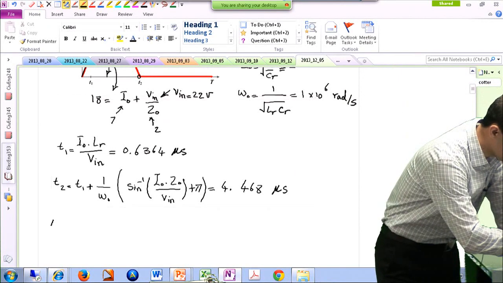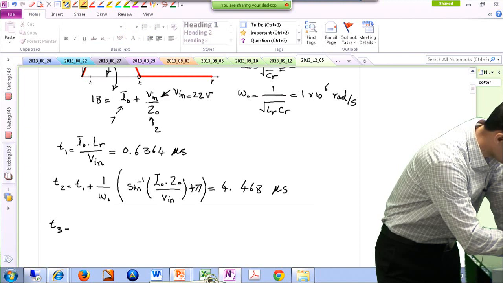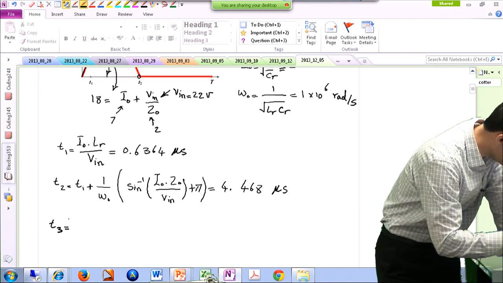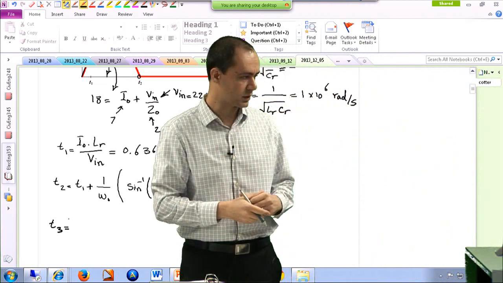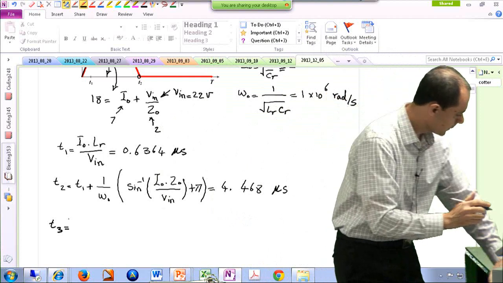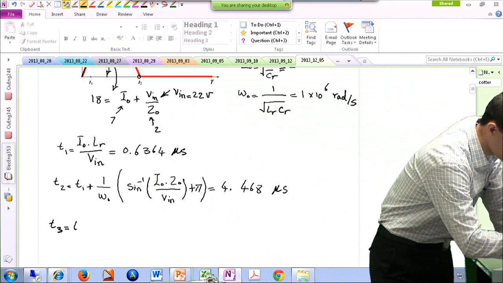And then ultimately T3. T3 is not really shown over here, but T3 is the time that the voltage across the diode is getting discharged, so it's reducing down to 0.